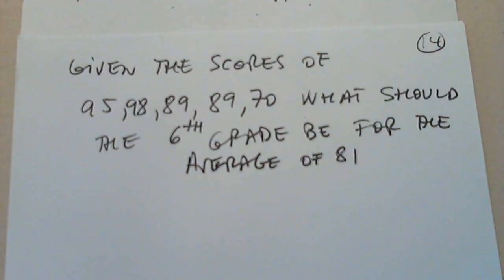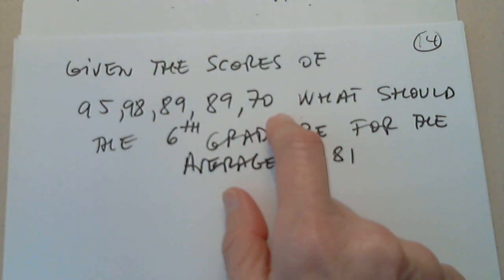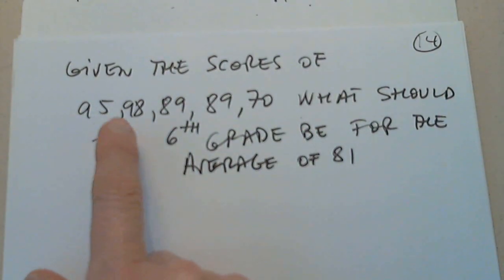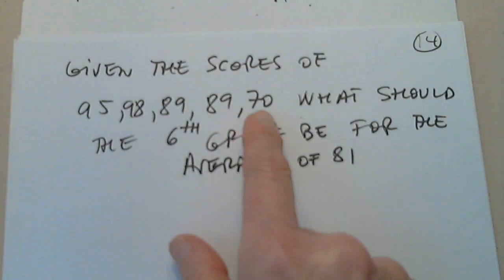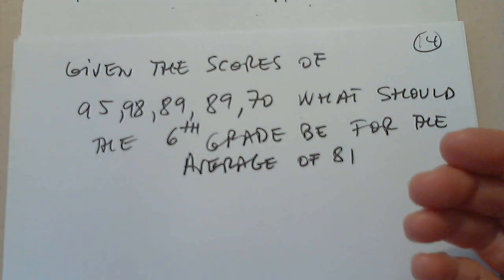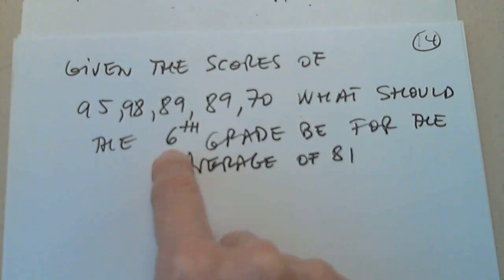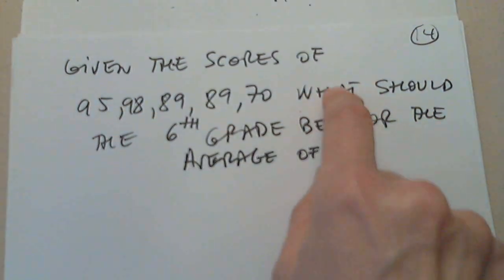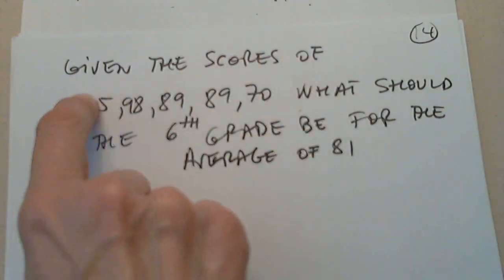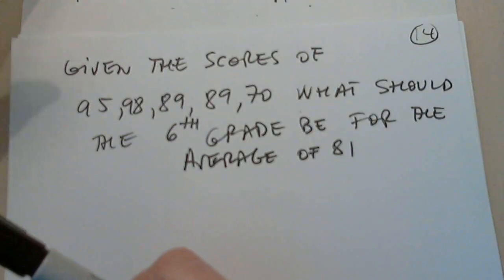They're all percent, it doesn't matter, or scores. So we are given 5 scores: 95, 98, 89, 89, and 70. And we are asked, so these are 5, what should the sixth score be for the average of all 6 to be 81?